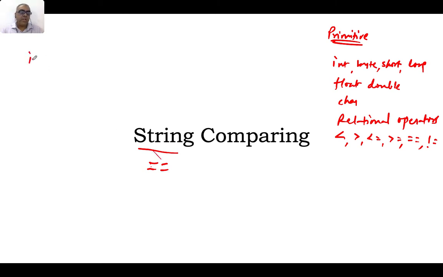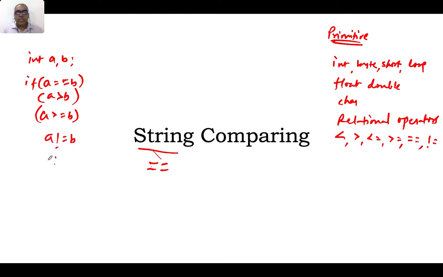So for example, if there are two numbers given, int a and int b, we can check if a equal to b, or if a greater than b, or a greater than or equal to b, or a not equal to b. Like that we can check. Now when two strings are given, you have functions to work. At the same time you have this sign also to work.